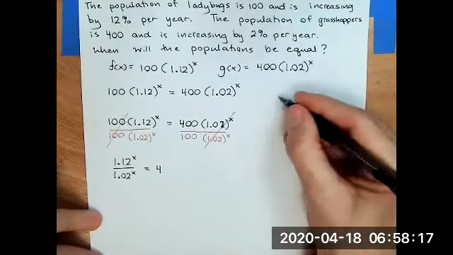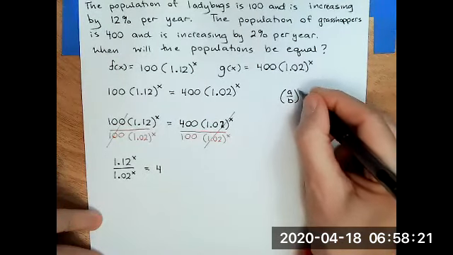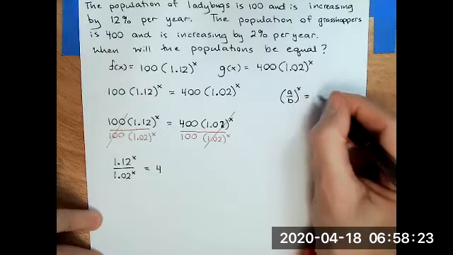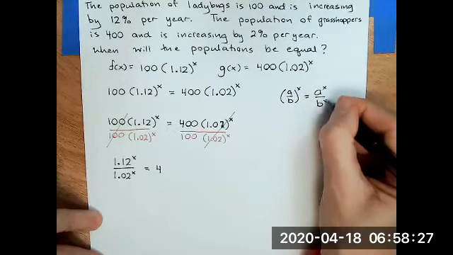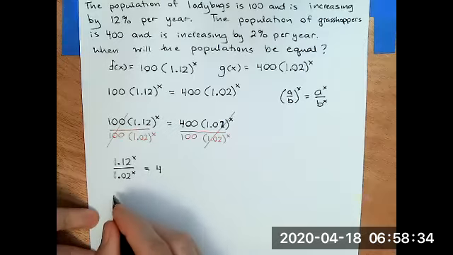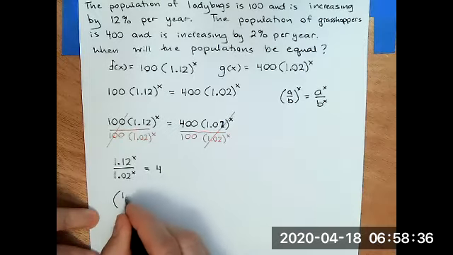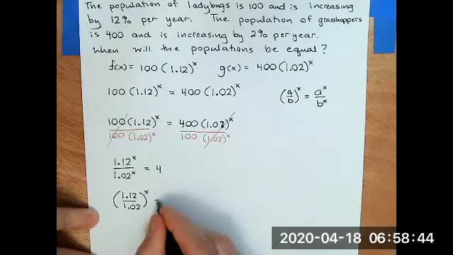And then we can use the rule of exponents. If a over b to the x equals a to the x over b to the x, well, this looks like a to the x over b to the x. So that's the same thing as 1.12 divided by 1.02, all to the x.